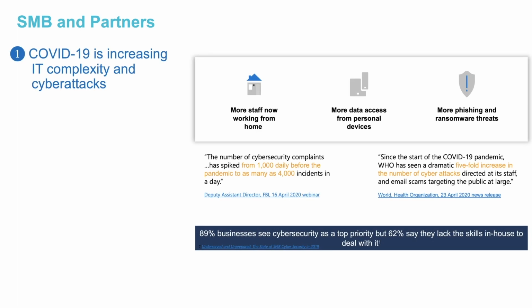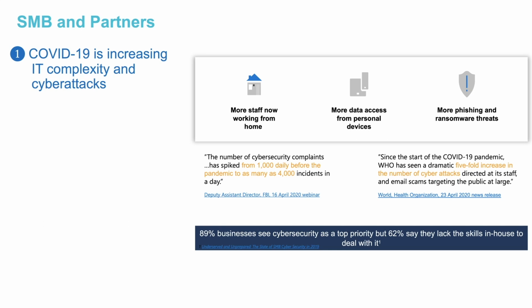Customers are working from home or from multiple locations, and they're using a broad set of devices, both personal and company owned. Cyber threats and phishing attacks have increased between 3 and 5 times. And in a recent survey, 89% of businesses said cybersecurity was a top IT priority, and 88% felt that they're losing control over their data, while 62% said they did not have the skills in-house to deal with the cybersecurity risks in the environment.